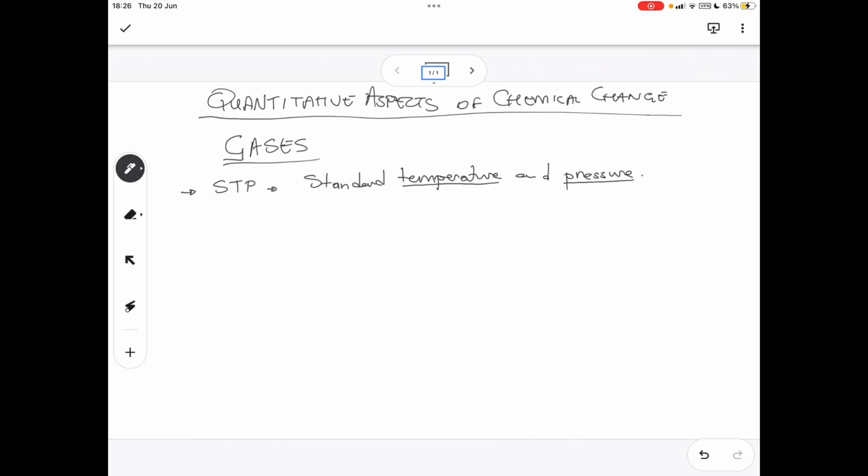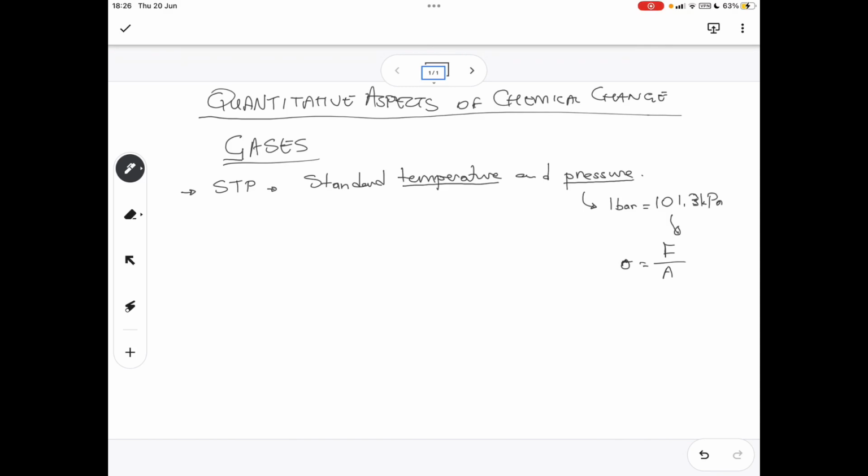In some workplaces, even here in South Africa, you'll hear people mention it's 1 bar. So the standard pressure that we speak about is 1 bar, and this equals 101.3 kilopascals. Kilopascals are a unit of measuring pressure or stress, and it's the ratio of the amount of force per unit area.